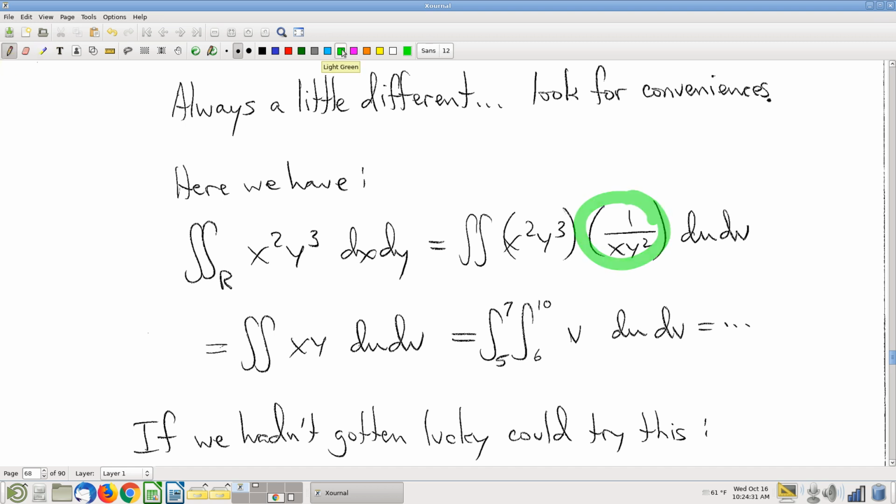Let me write this down. That is partial xy over partial uv. And notice, again, the good fortune of this fraction-like notation, it's as if that denominator cancels with that otherwise numerator thing there.